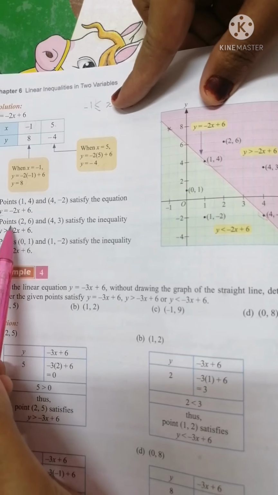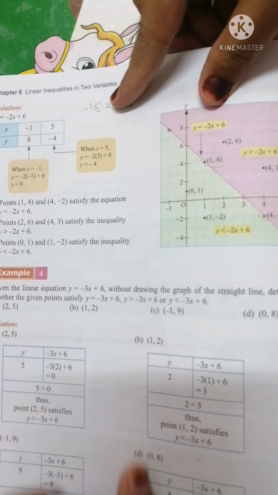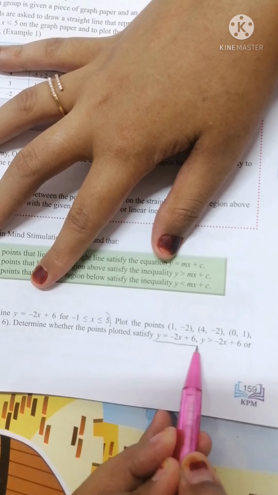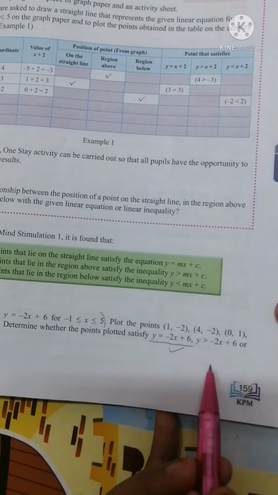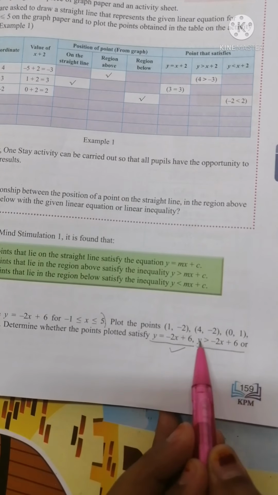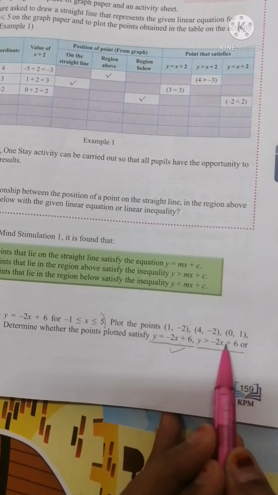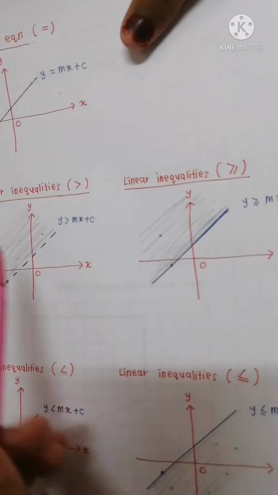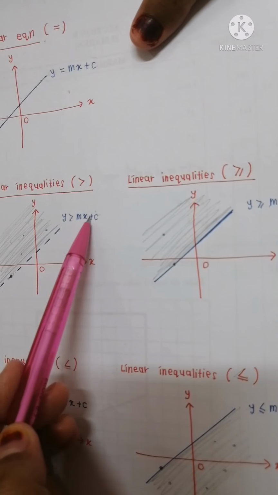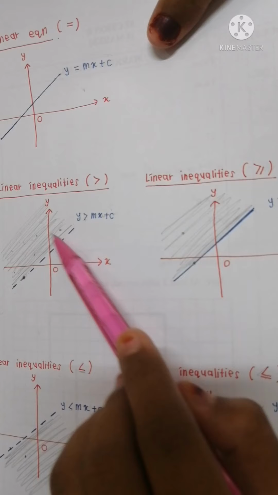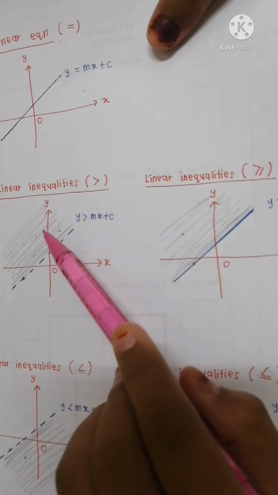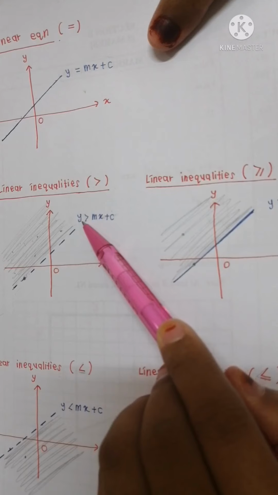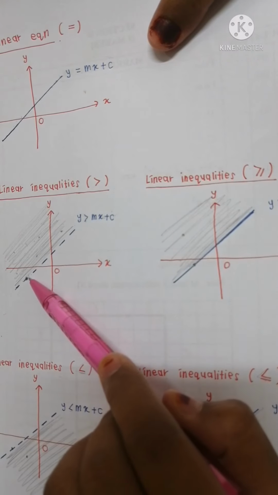Now look at the second linear inequality. This one we have done already. Now look at this one: y greater than -2x plus 6. Remember the notes: y greater than mx plus c. The points that lie above the straight line satisfy the linear inequality of y greater than mx plus c, not the points that lie on the straight line.